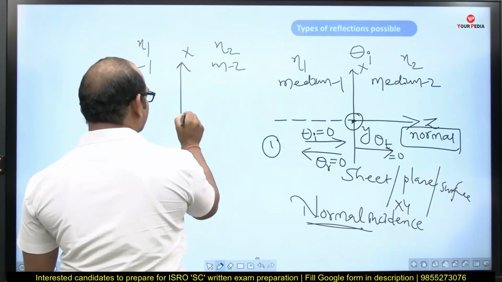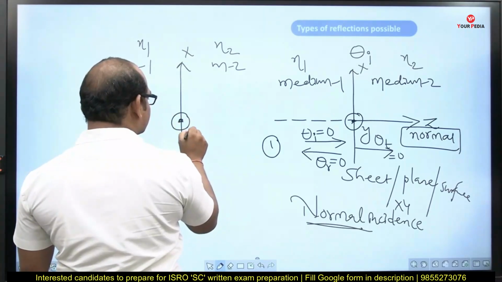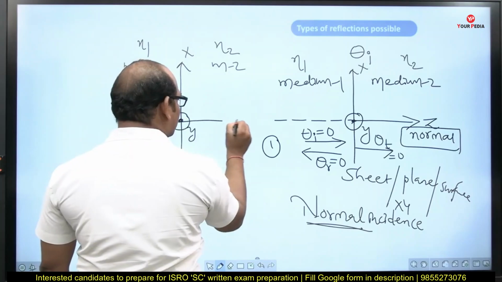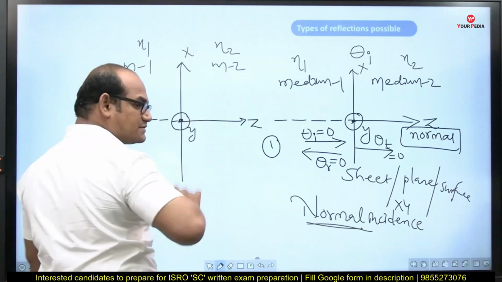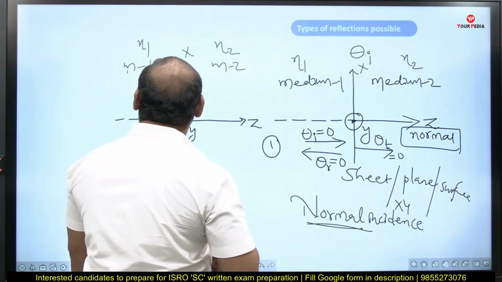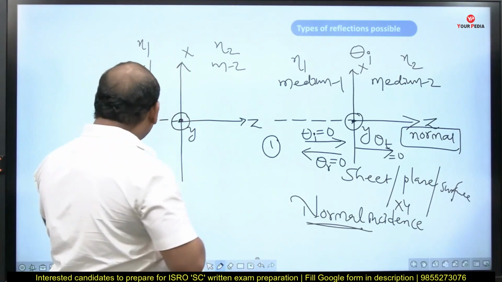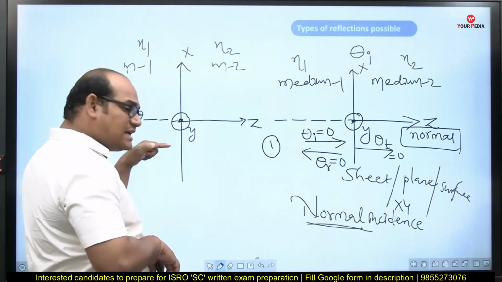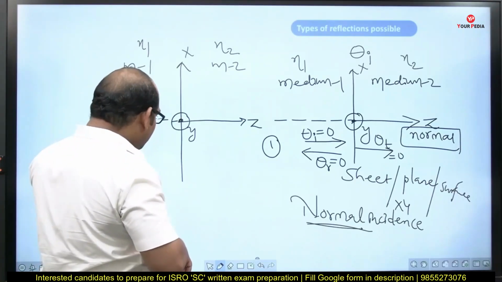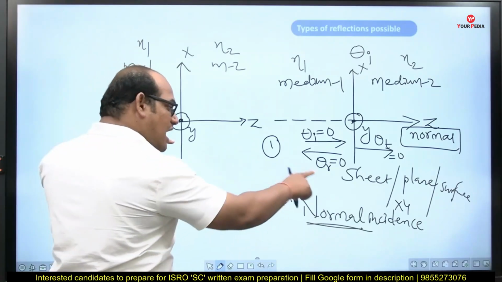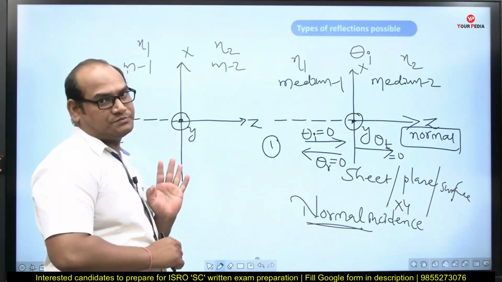This is the x direction and the positive y direction is coming towards you. This is a normal to the interface, and on this side also you can take a normal to the interface like this. In the earlier case, since the wave is incident normal to the interface, that is called normal incidence.